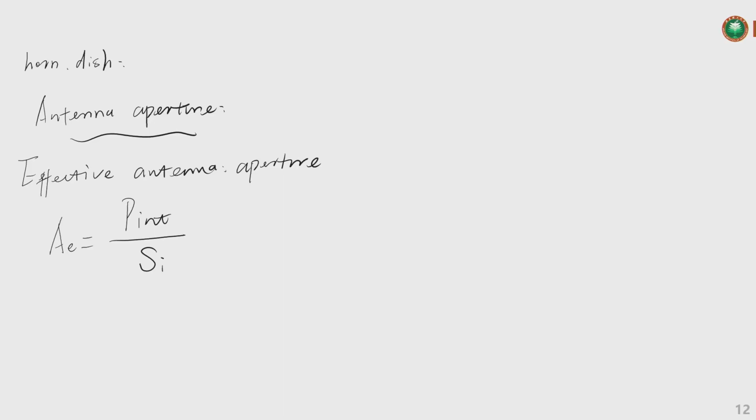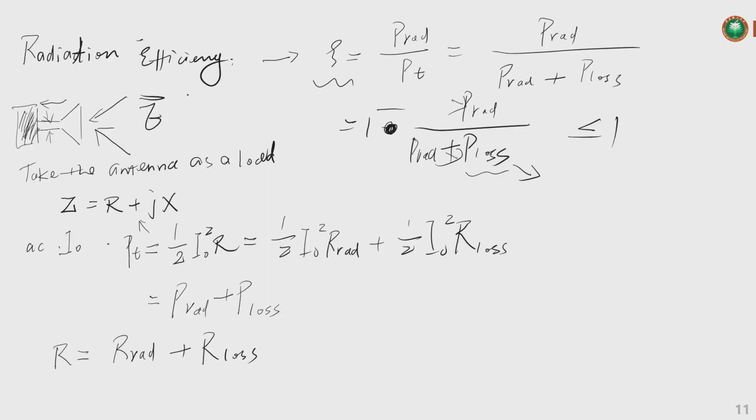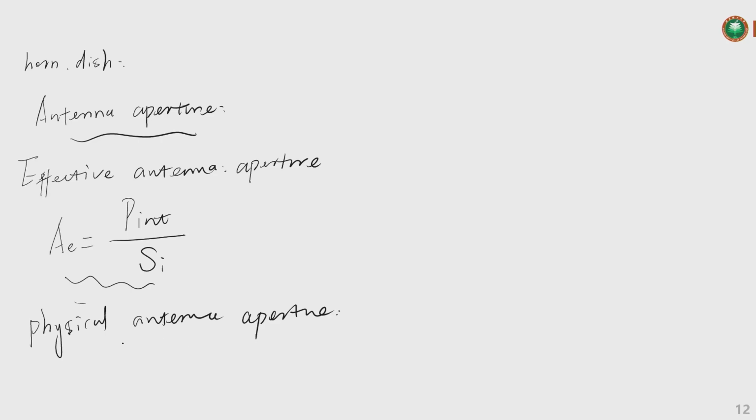So this is the effective antenna aperture, and we also have the physical antenna aperture. The physical antenna aperture is like this one, right? The horn, the front of the horn. This is the physical one. We use Ep to express it.